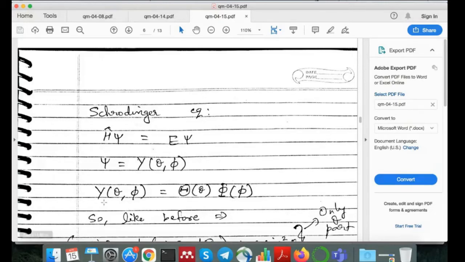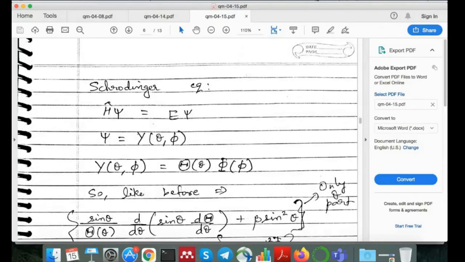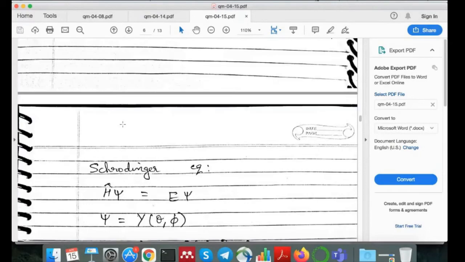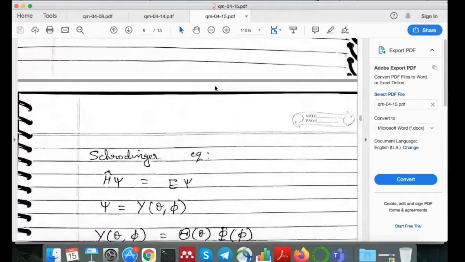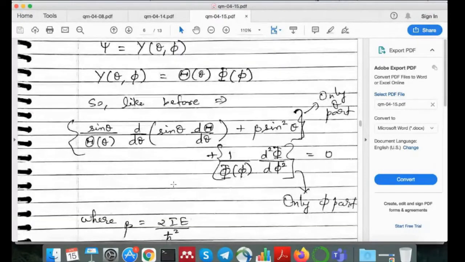So like before, we substitute this Theta of theta times Phi of phi wherever we have psi in the Schrodinger equation. And this is the Schrodinger equation that we will get.